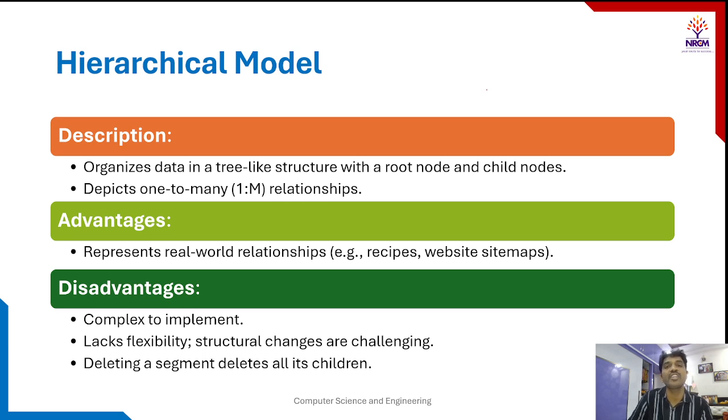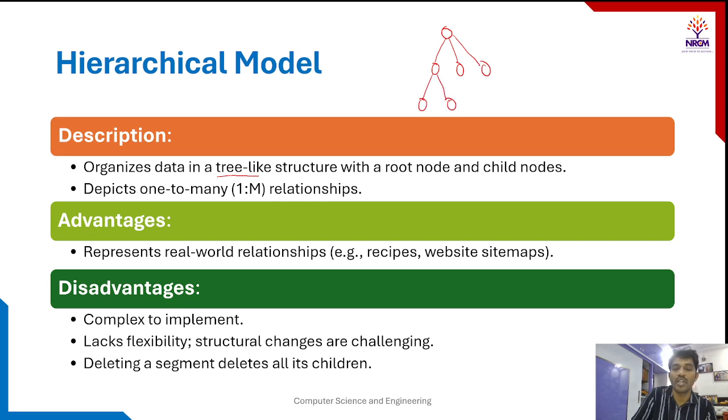Hierarchical means a kind of tree structure, right? Already we have seen that the file system is which structure? Tree structure, right? It organizes the data in a tree like structure, with a root node and child nodes. For example, this is the root node, it contains child nodes, and again it is a kind of folders also.